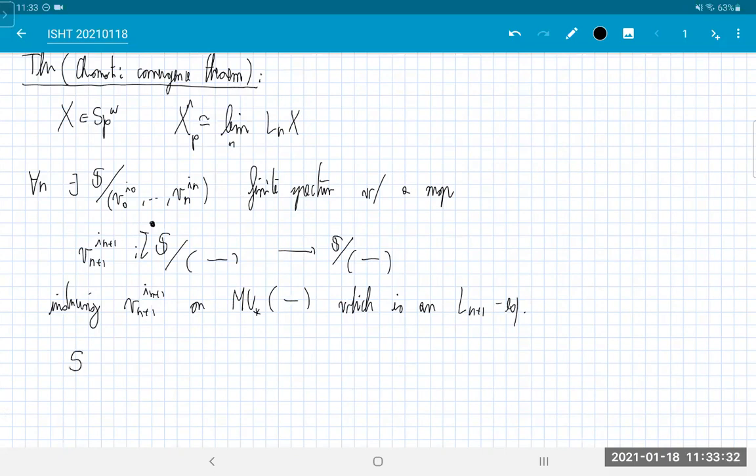You do have this, working as before tells you that you have a map. And let me say that I'm just inverting Vn plus 1, because of course inverting Vn plus 1 or inverting any of its powers is the same.